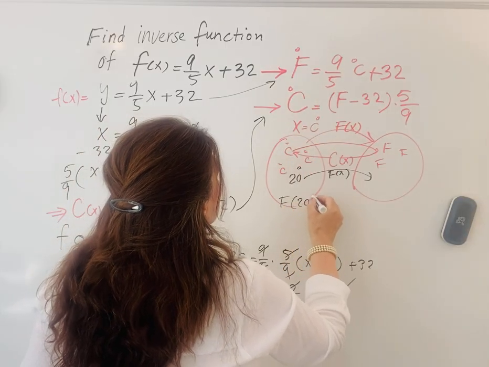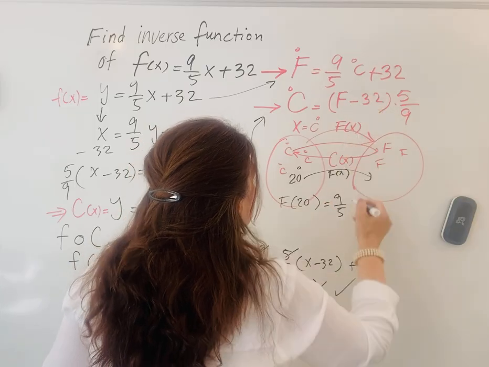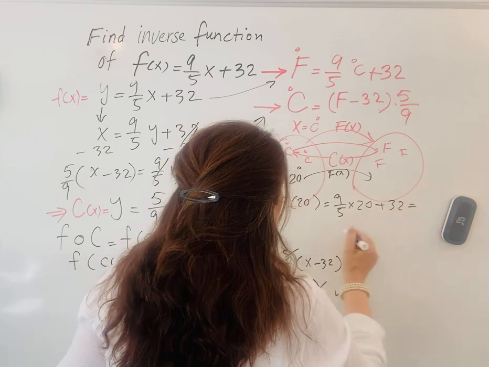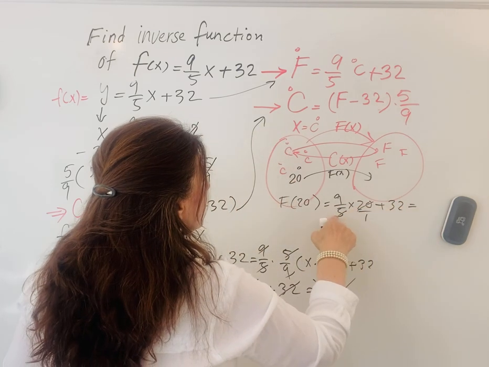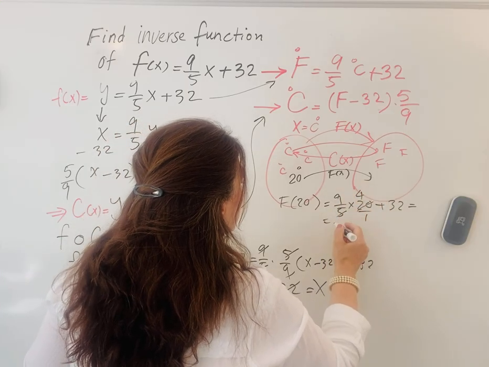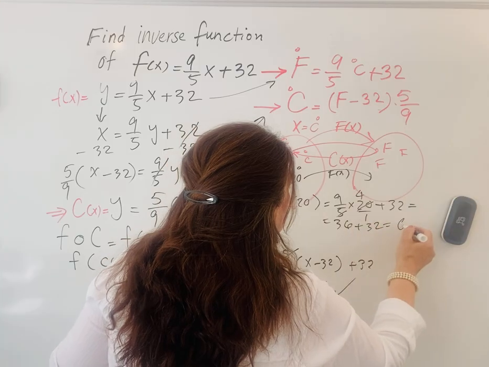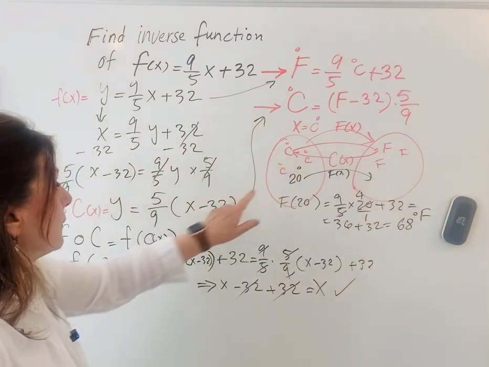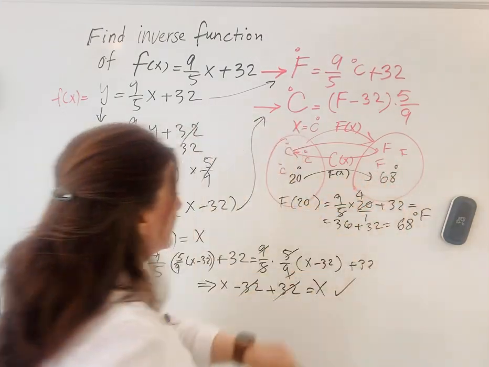F of 20 gets 9 over 5 times 20, where 20 is x here, plus 32. How much is it going to be? 20 simplified by 5 gets 4. 4 times 9 is 36, plus 32 is 68 degrees Fahrenheit, right? From 20 it goes to 68 Fahrenheit.